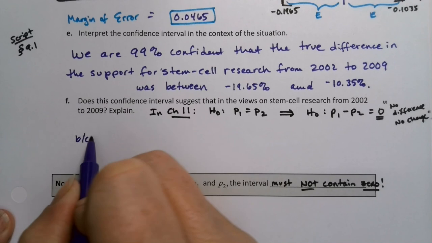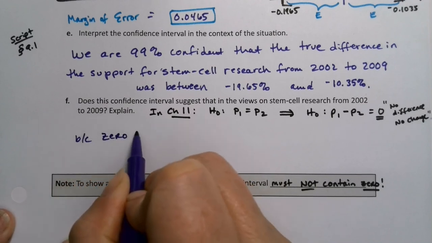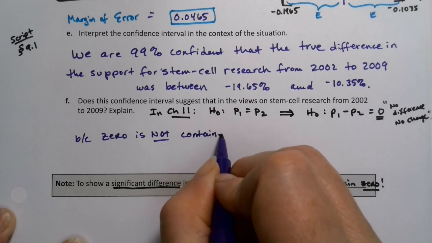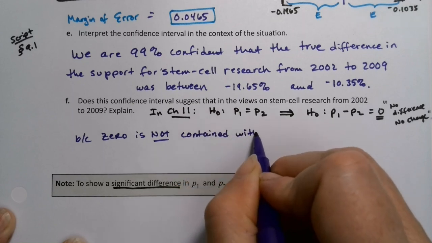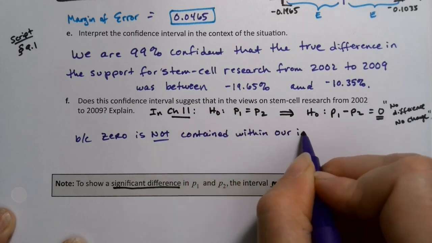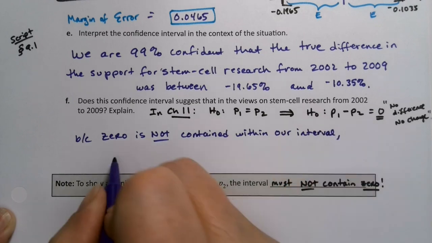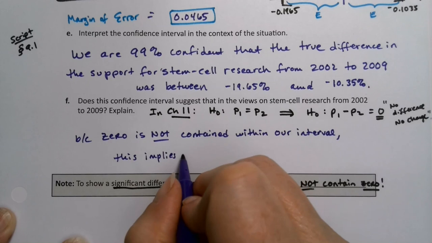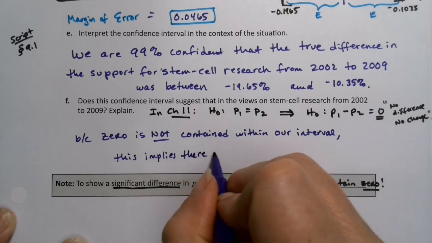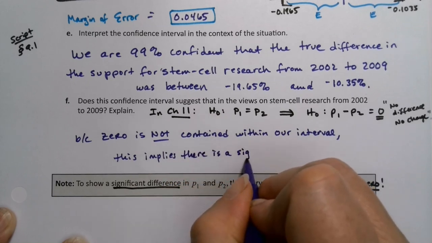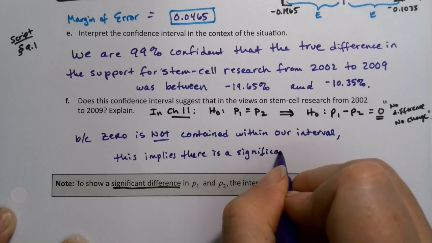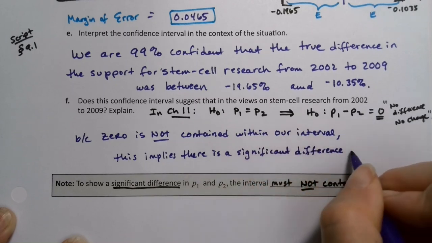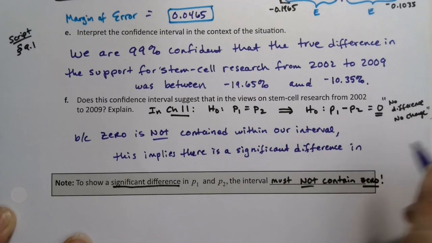So because 0 is not contained within our interval, this implies there is a significant difference in stem cell support.